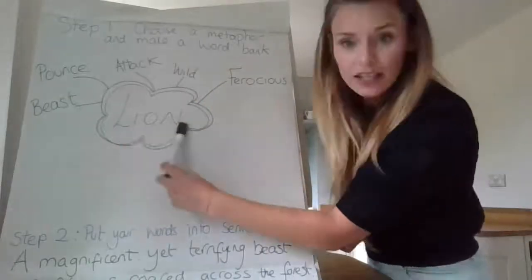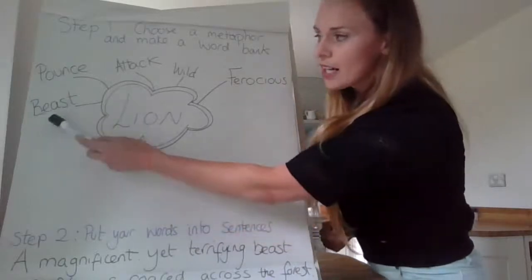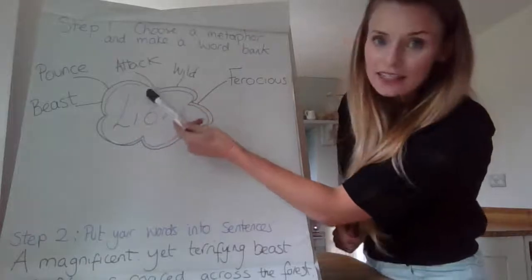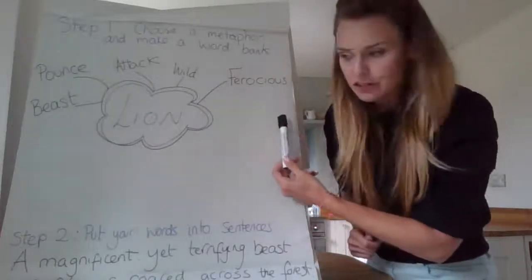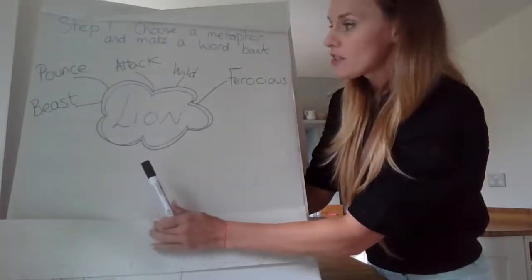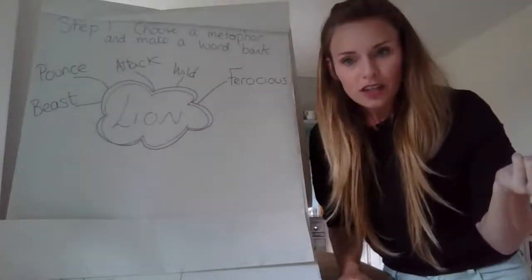I've got lion in the middle. This is what my metaphor is going to be. And I've thought of beast, pounce, attack, wild, because it's a wild animal, ferocious. So I have essentially got a couple of words there that I could use when I think of a lion. That's what I think of.